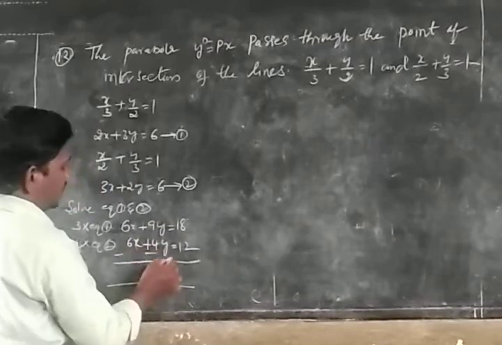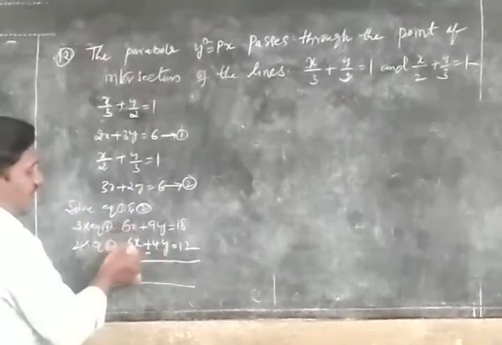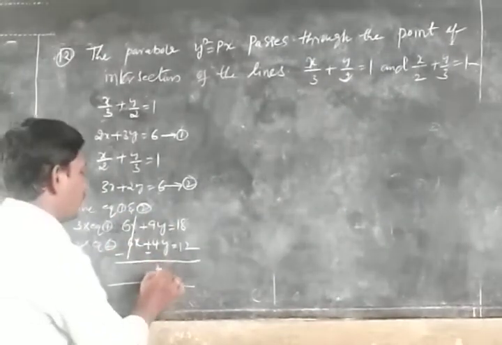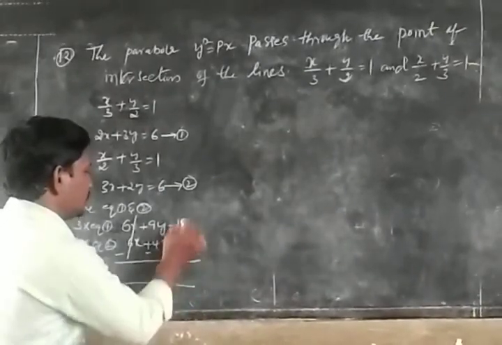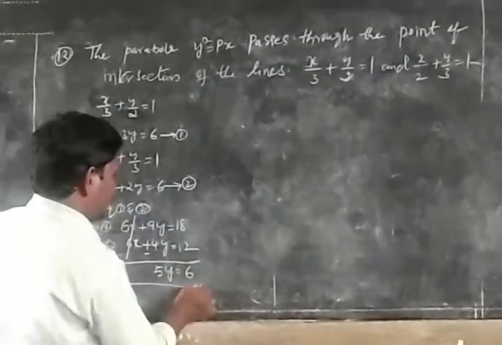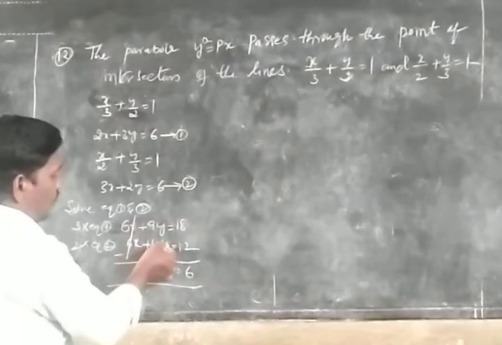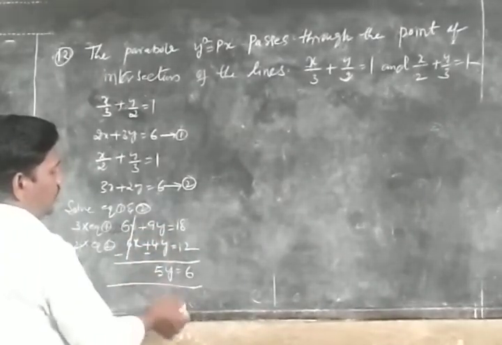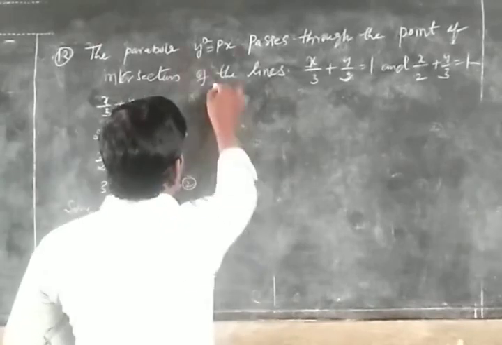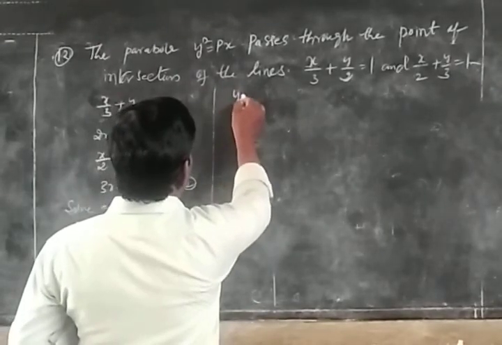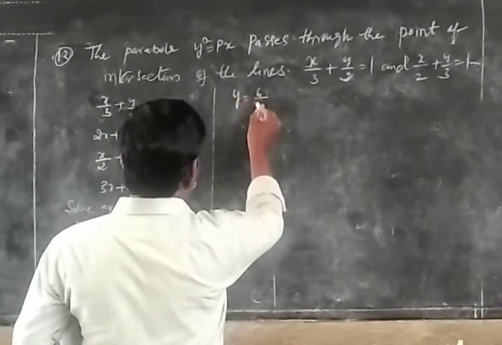Subtract, change the symbols. 6x minus 6x both are cancelled. 9y minus 4y equal to 5y. 5y equal to 6, then y is equal to 6 by 5.